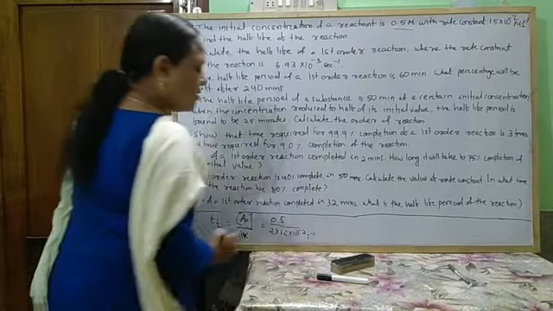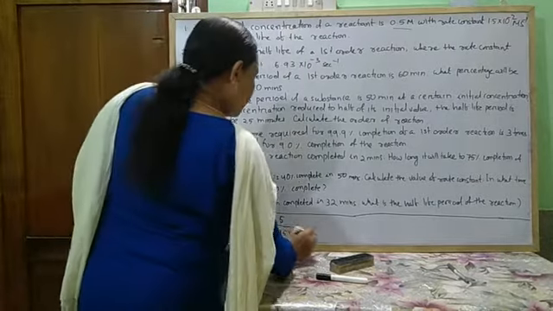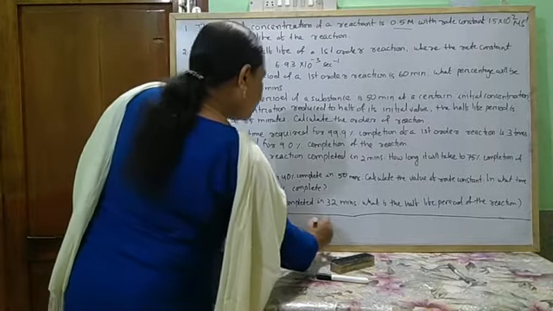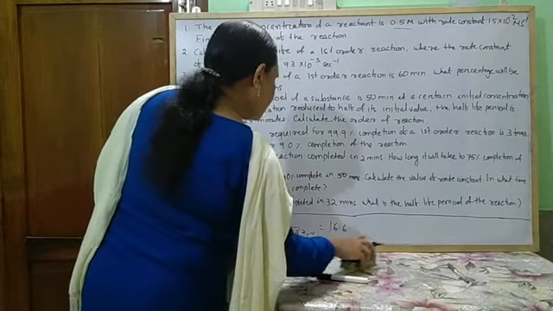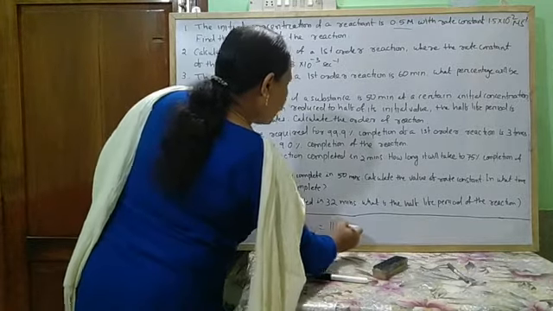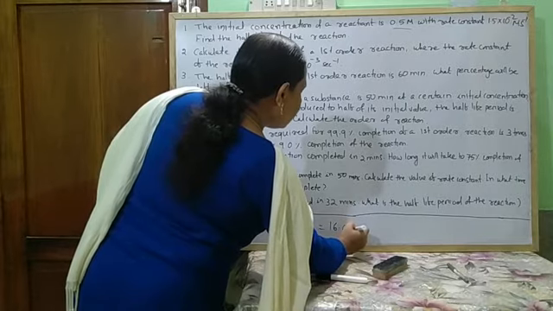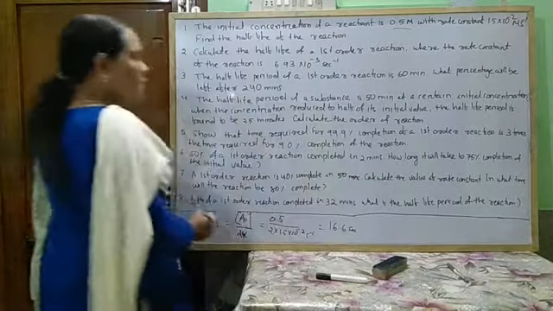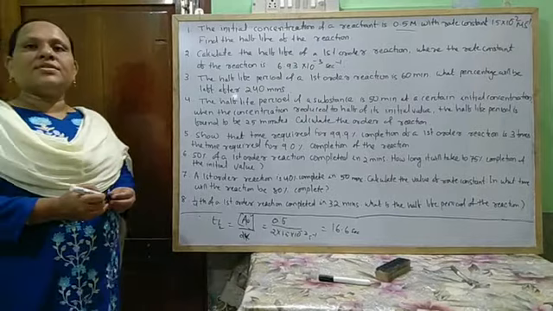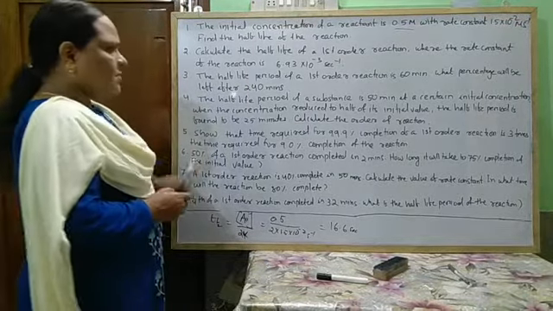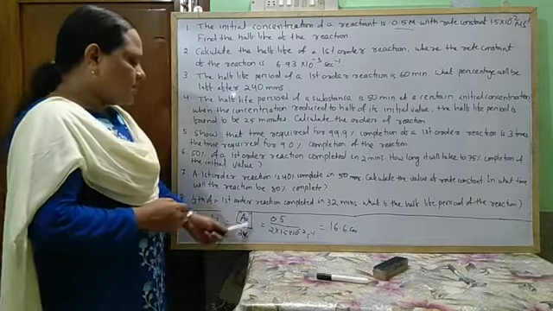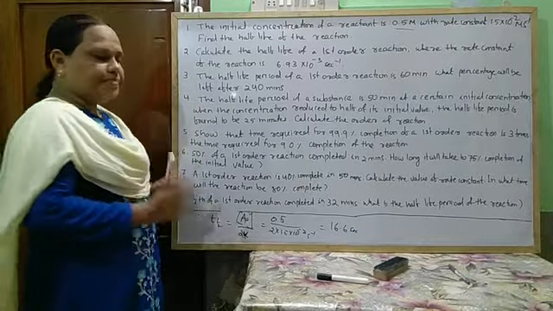So in this way the value is 16.6. Calculate this and you will find 16.6 seconds. So the half-life of the reaction is 16.6 seconds. Just simply divide the concentration by 2K.